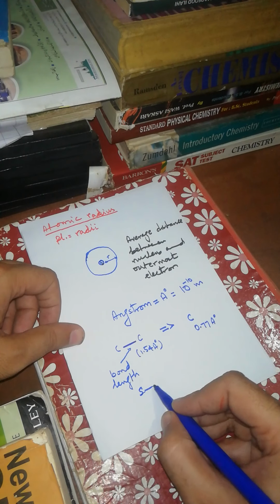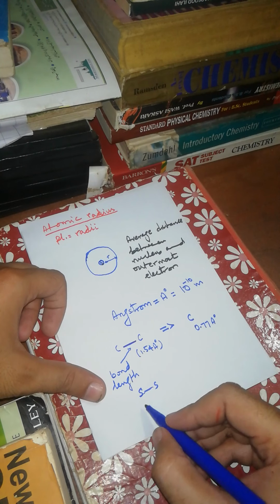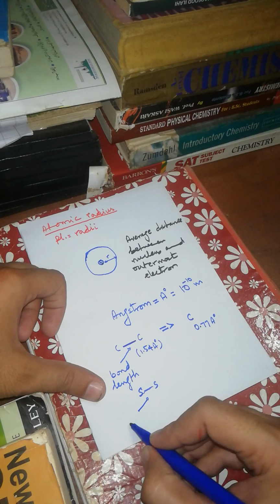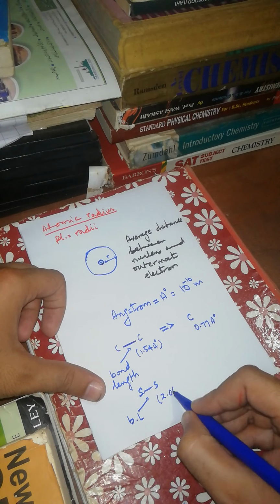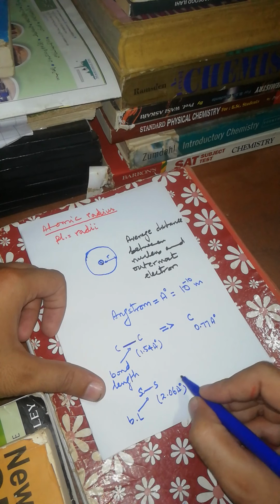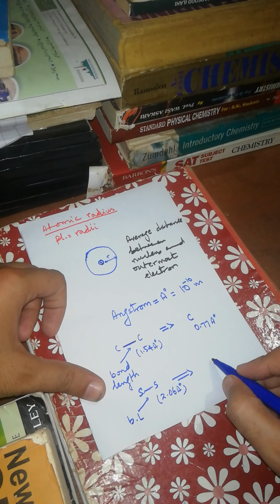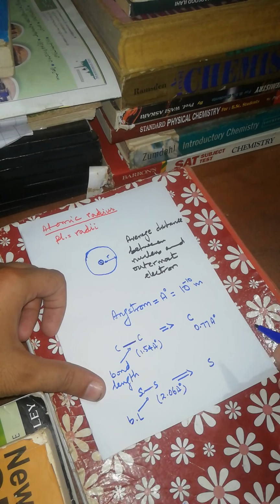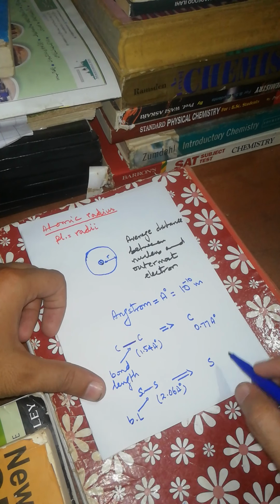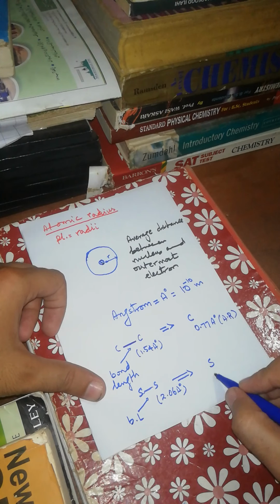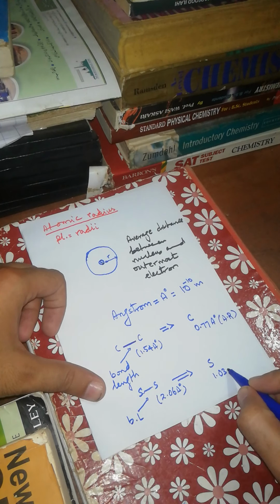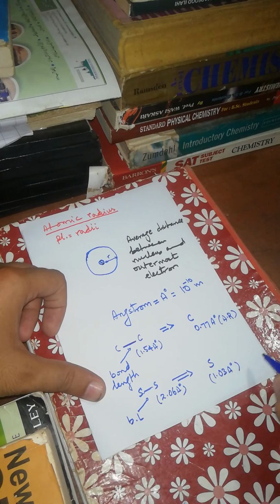Similarly, sulfur bonded to sulfur will have a bond length, this is the bond length of two sulfur atoms, and it is equal to 2.06 angstrom. And the atomic radius of a sulfur atom will be half of this value, which is 1.03 angstrom.